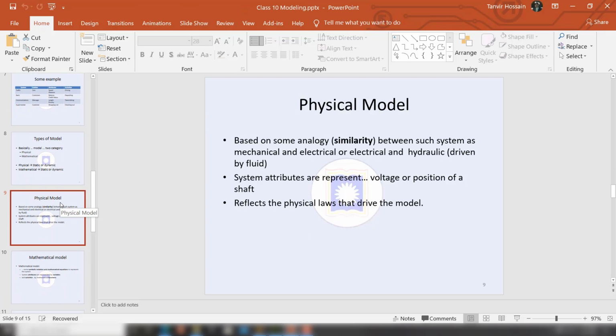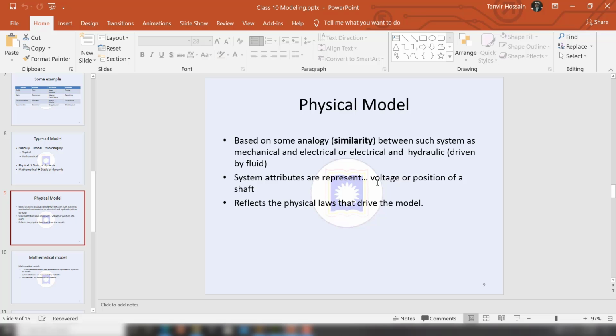The first one is the physical model. A physical model is based on some analogy or similarity between systems, such as mechanical and electrical, or electrical and hydraulic driven by fluids, meaning something that has some physical similarity with the system. When we need to model those, we are trying to build physical models.